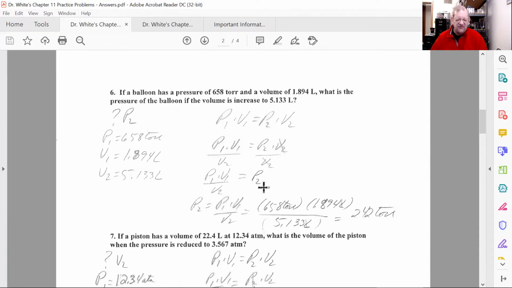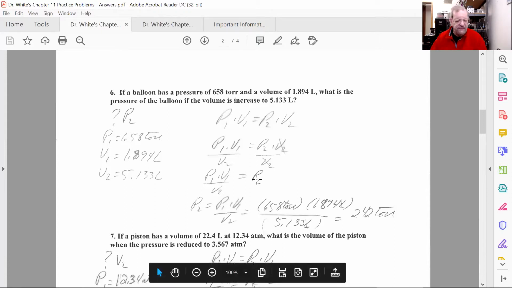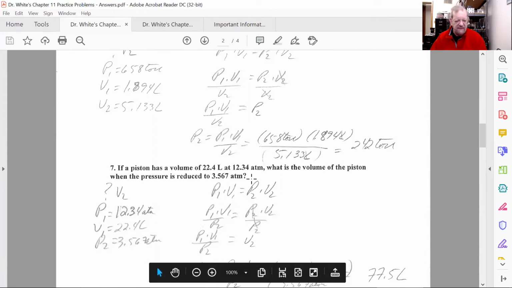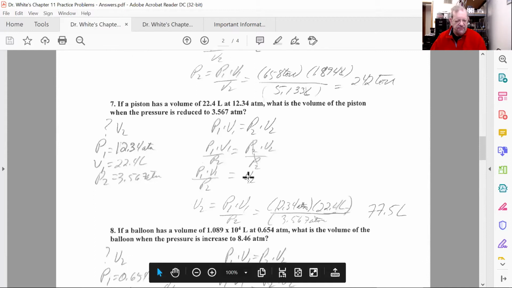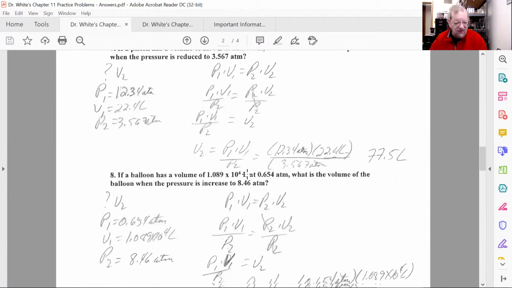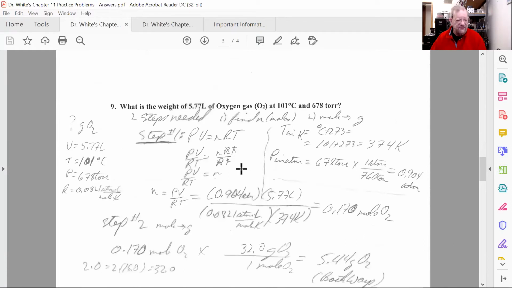And when this cancels out, you get P2 equals V1 times P1 divided by V2. I like to rewrite it. You don't have to. Put the numbers in, and you get your final answer. And I gave you a couple of practice problems, and you should practice these.